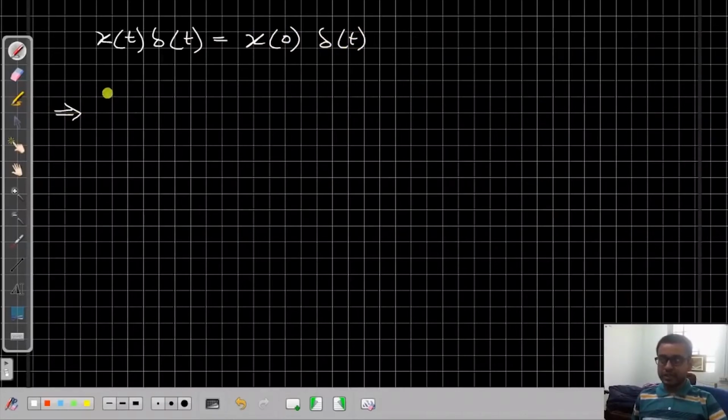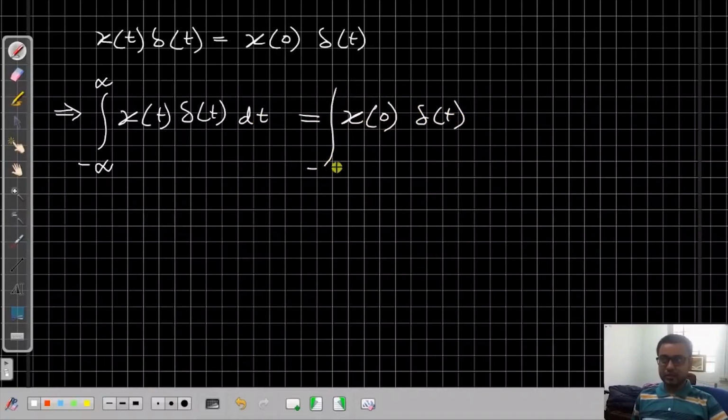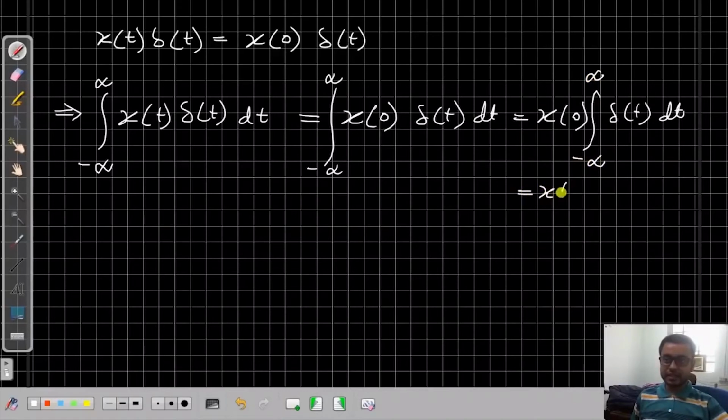So it implies that the integration of x(t) multiplied by delta(t) from t equals minus infinity to plus infinity dt will be the same as x(0) delta(t) integrated from minus infinity to plus infinity dt, and this is the same as x(0) times the integration of delta(t) dt. Since x(0) is a constant, I can take it outside the integration, and the result is x(0).